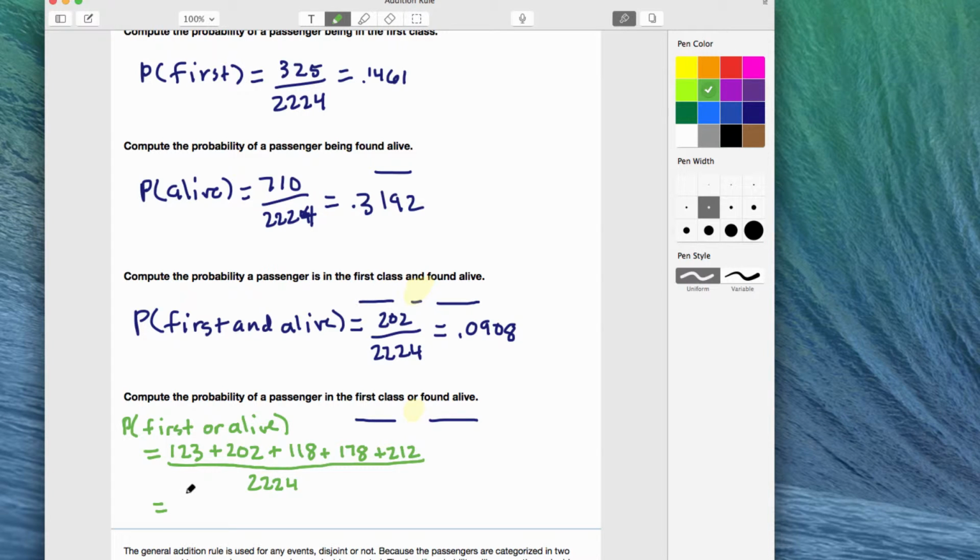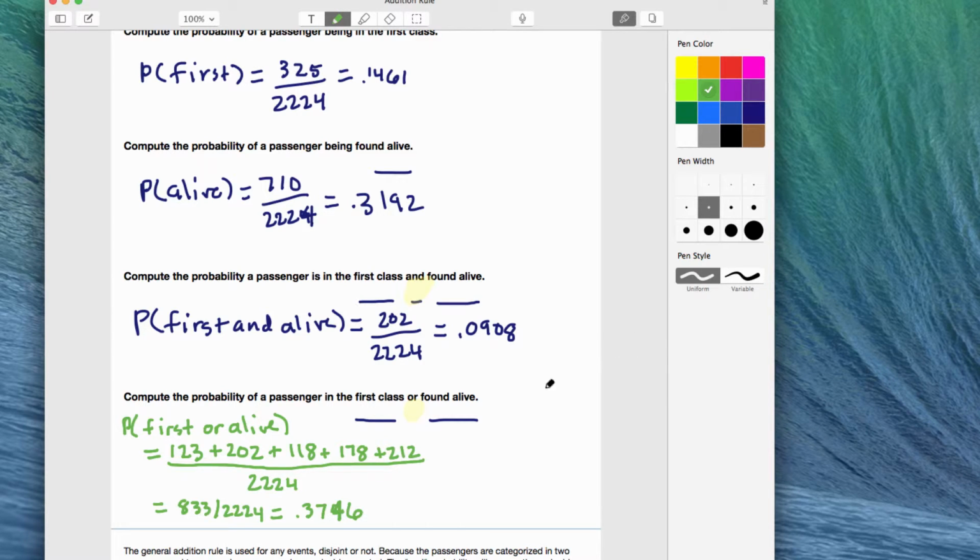Add that all up. We'll find 833 people out of the 2,224 people are first class or they're found alive, and then do the division, find the probability. That's 0.3746.